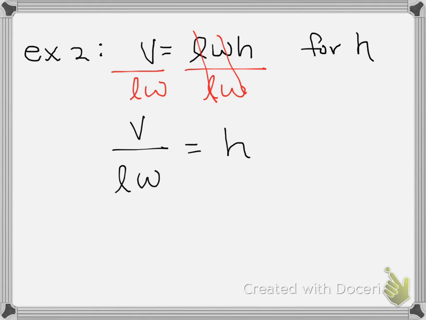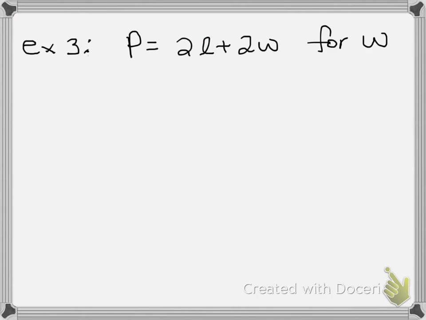That's how you find the height. So if someone gave me the volume of, let's say, a fish tank, and we know the length and the width, and we want to know how deep it is, we could multiply the length and width together, divide that into the volume, and we'd find our height.